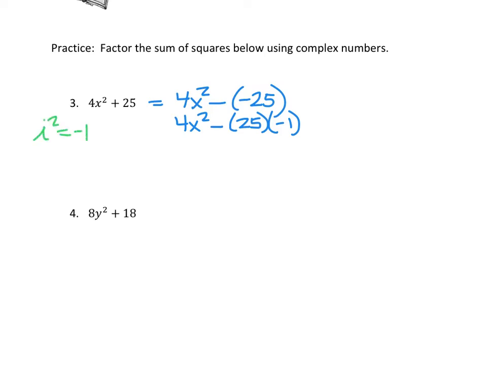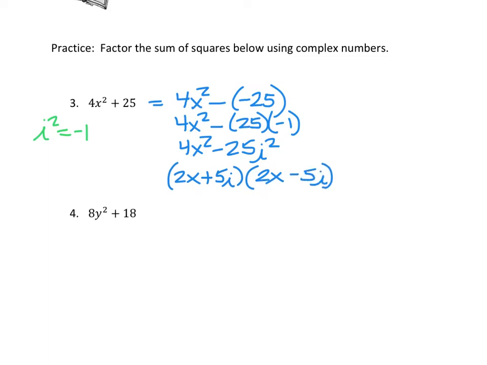So I'm going to replace that negative 1 with i squared. So I've got 4x squared minus 25 i squared. Now I have the difference of two perfect squares, and now I can factor it. I've got 2x times 2x is my 4x squared, plus 5i and minus 5i.